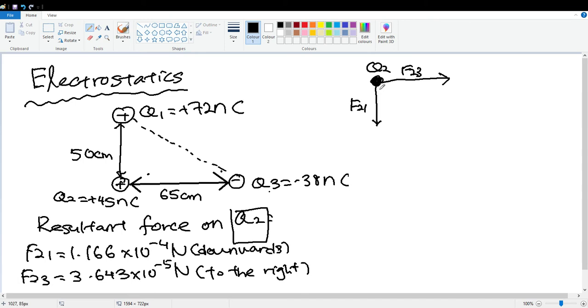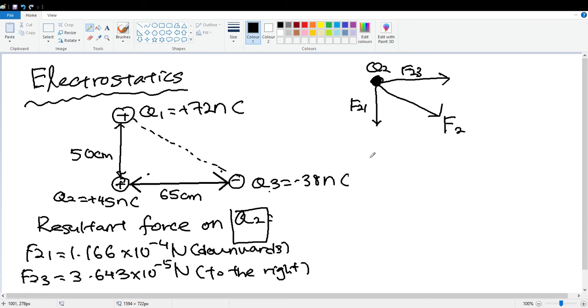What we can observe is that these two forces are creating a horizontal force and a vertical force, and the resultant force that we can find is from these two components. This is the vertical component, and this is the horizontal component, and this one shall be our resultant force, which is F2.